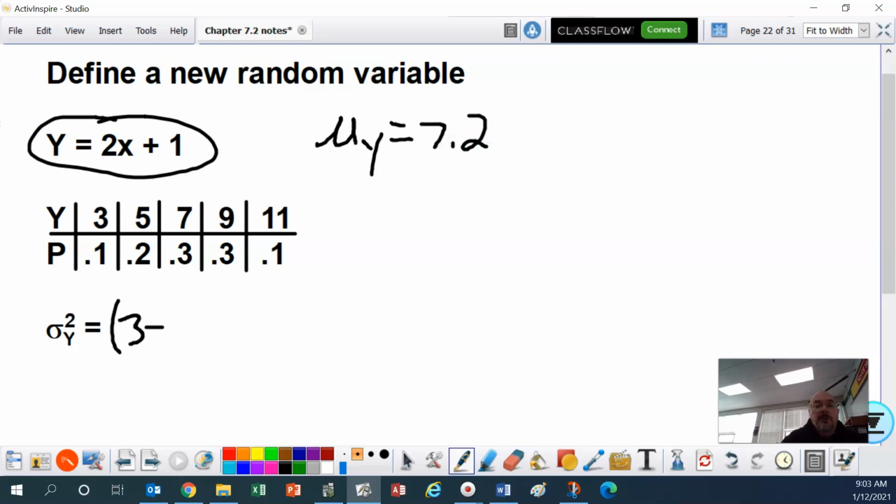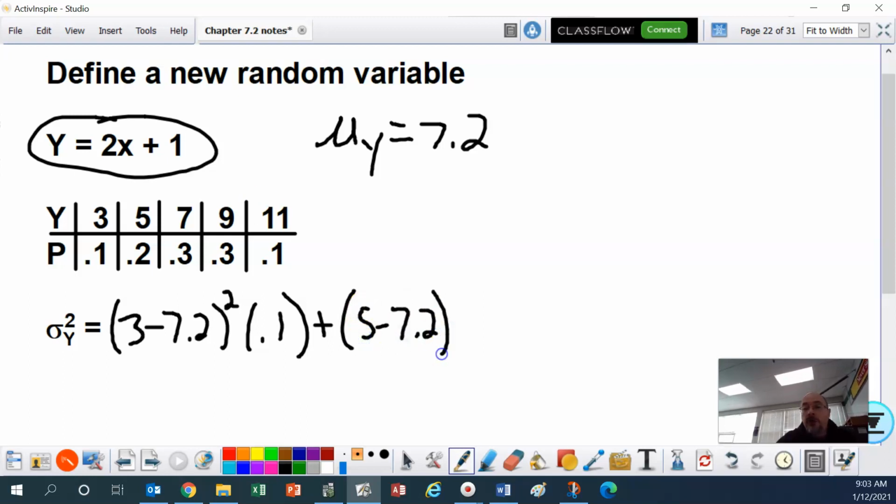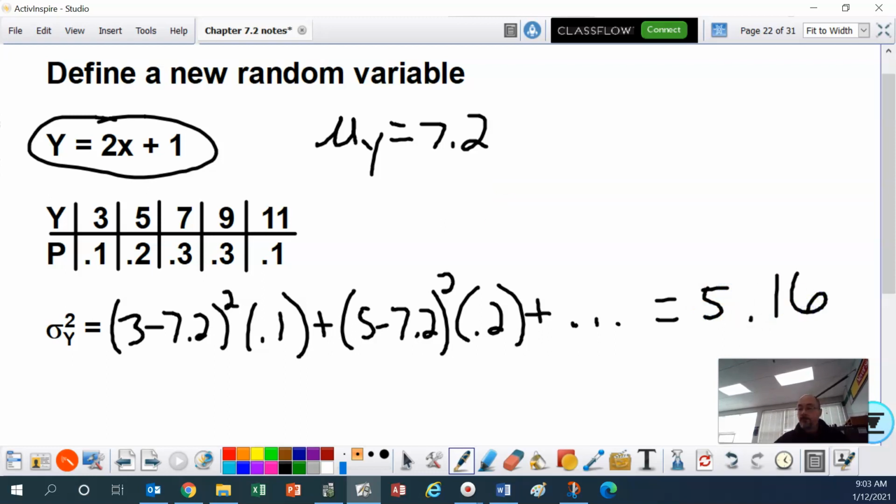So I'd go 3 minus 7.2 squared times 0.1. Now, there's a shortcut because we already know some information, but you could go through all of this process again, dot, dot, dot, and we would come up with an answer of 5.16. If you don't believe me, try it.